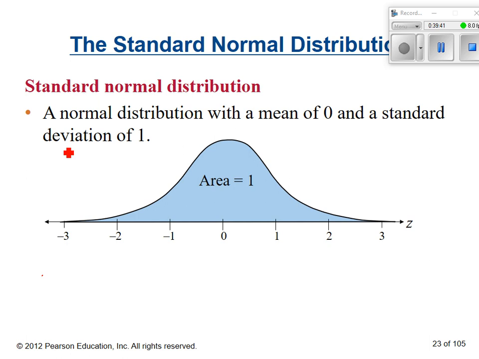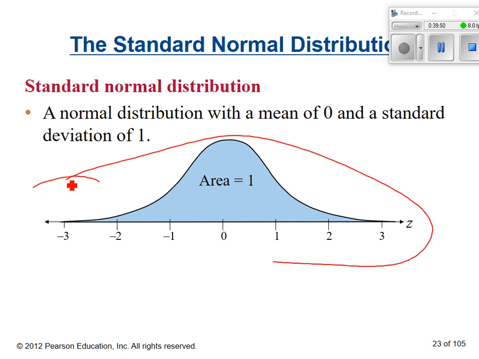So again, standard normal distribution with a mean of 0. The curve's always going to look like this. This is the standard normal. We talked about that earlier this year. 0 is the mean, right in the middle.